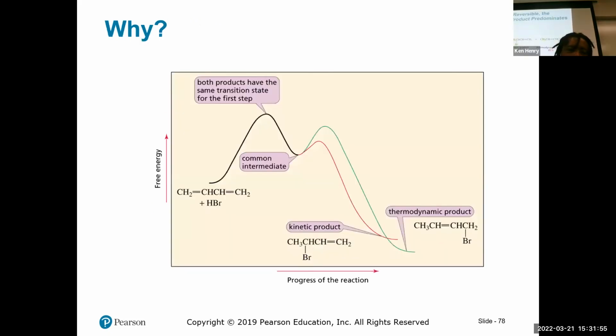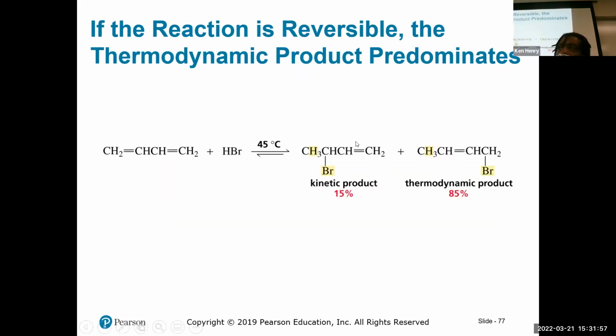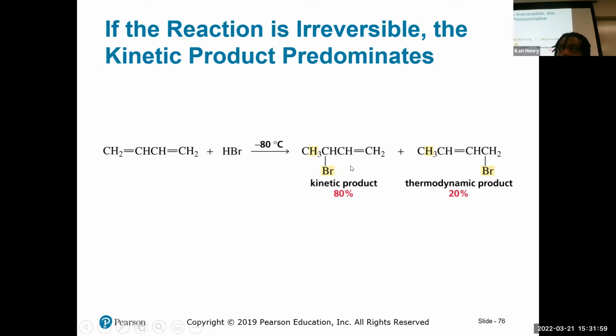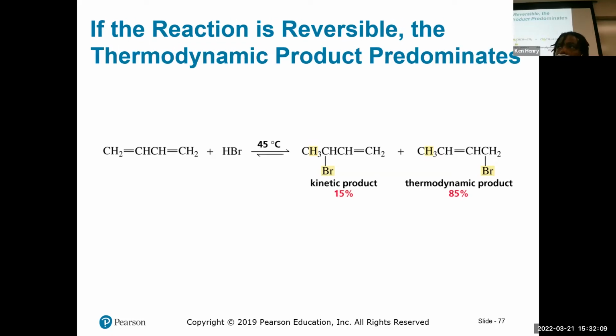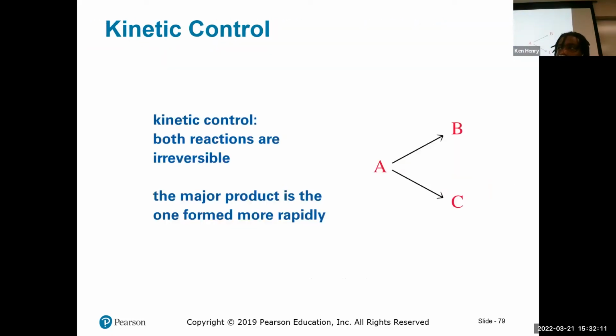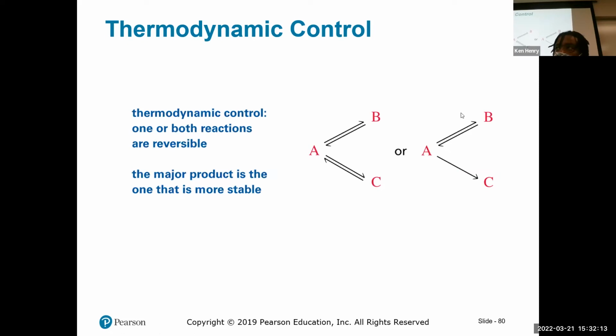So in this case, this will be our kinetic product. At those lower temperatures, the kinetic product is going to be favored because that reaction is going to happen faster at that particular temperature, right? And then as we up the temperature, we get the product that is going to be more stable, right?